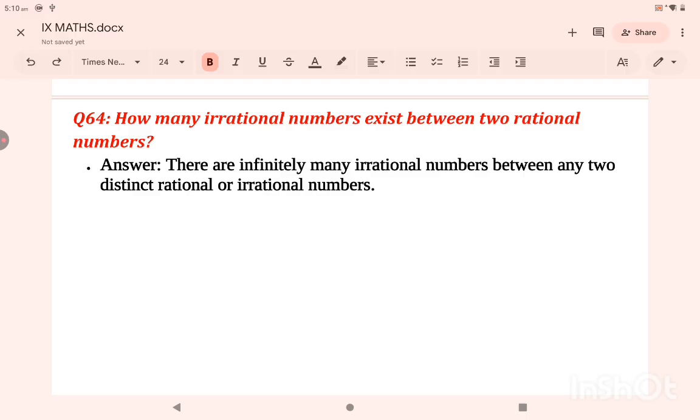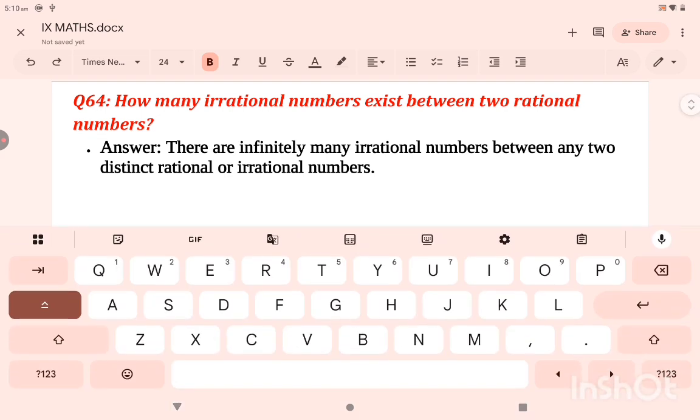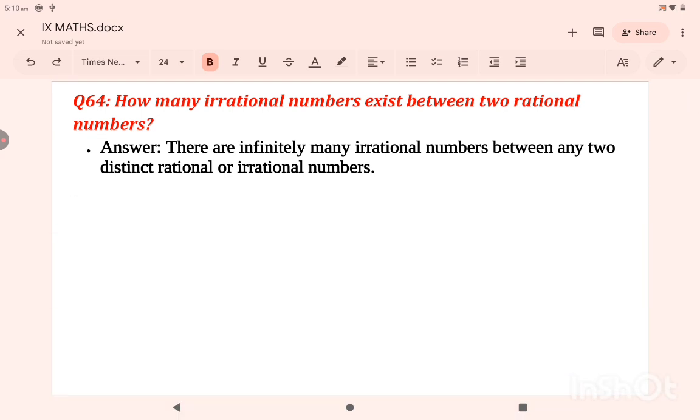How many irrational numbers exist between two rational numbers? There are infinitely many irrational numbers between any two distinct rational or irrational numbers. For example, 1 and 2 are rational numbers.